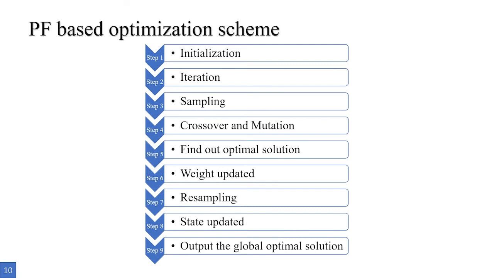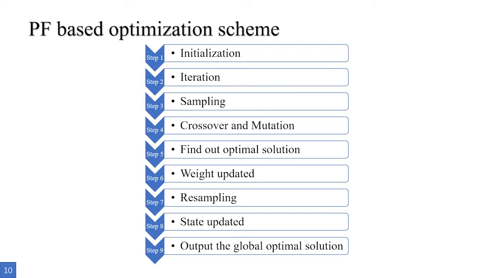Step 1. Initialization. The state is initialized as a random sample of the solution domain of the measurement function. Step 2. Iteration. The state will be iteratively updated and converge on the global optimal solution when the iteration is accomplished.